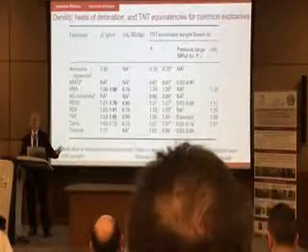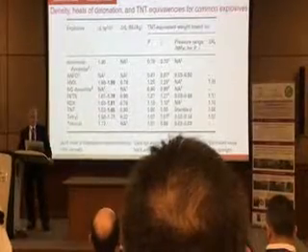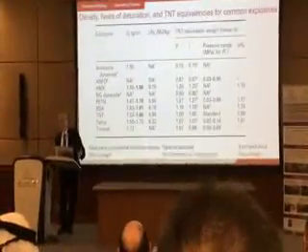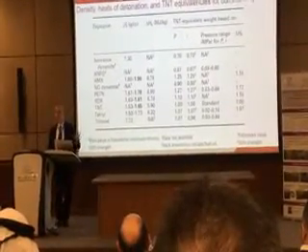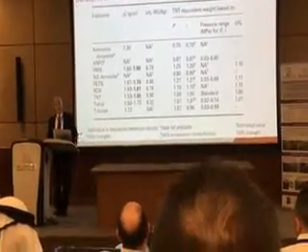ANFO, which is artificial fertilizer, which is quite commonly used, you have to multiply by 0.87. So these are conversion factors, but they're all around 1, so using TNT as a reference point for chemical explosives is a good one.